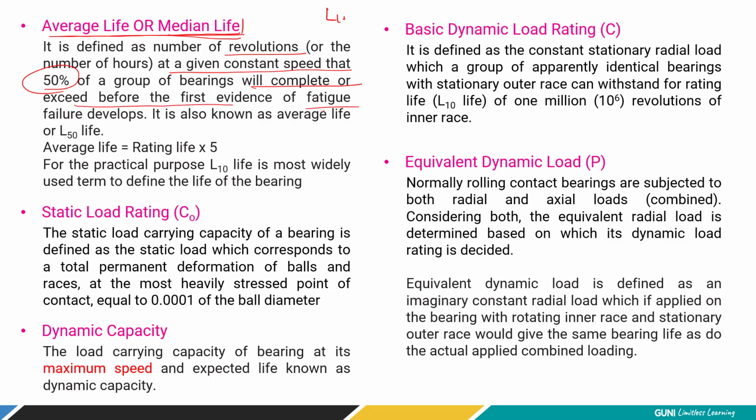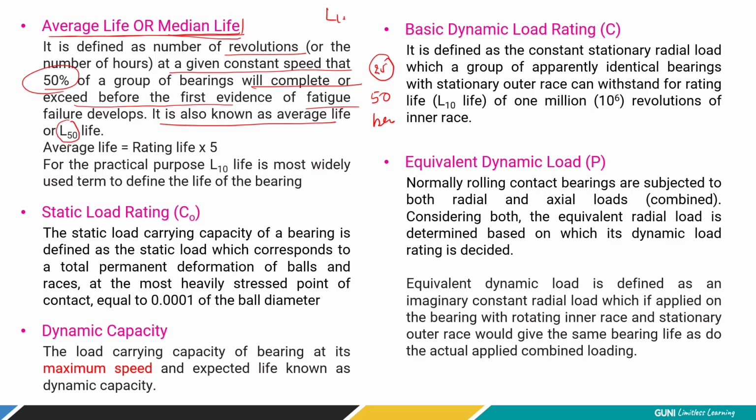If you consider 50 bearings, 50% of that is 25 bearings. So 25 bearings must satisfy the life requirement. They should not produce any kind of crack or fatigue sign on their rolling elements or maybe the races, right? So it is known as average life. It is referred to as L50.